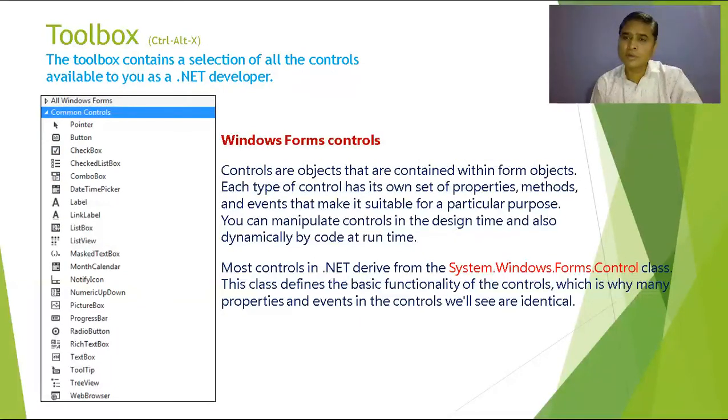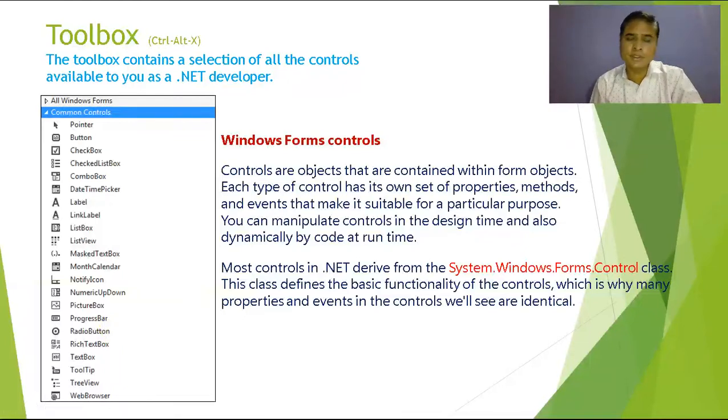Another term is toolbox. The toolbox contains a selection of all the controls available to you as a .NET developer. Here are some basic controls by which you can create a design as per your requirement.